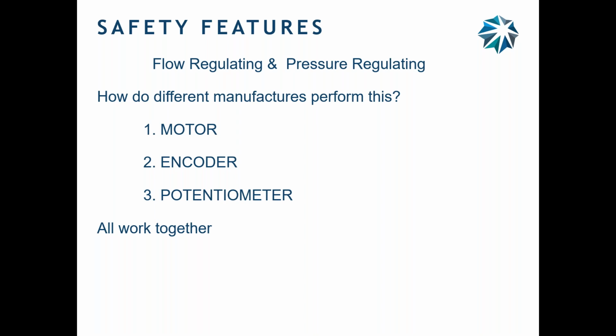A potentiometer is spun around. Linear is not. So CTA uses a linear one, and Medrad uses a linear potentiometer also. So as the syringe goes up and down, it runs across that linear pot, tells the computer where you're at.